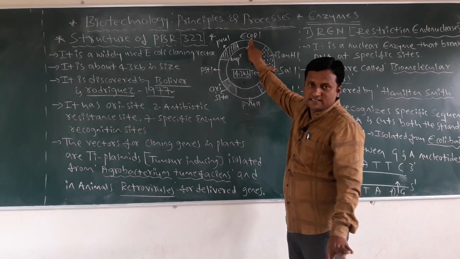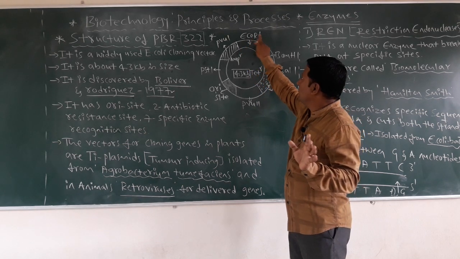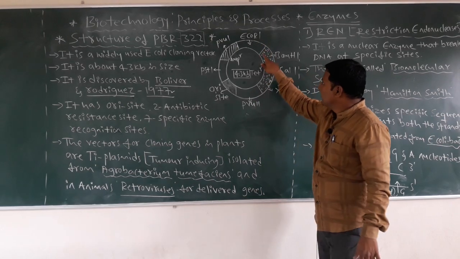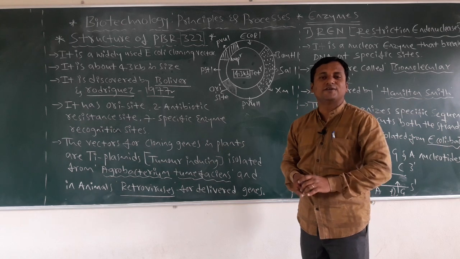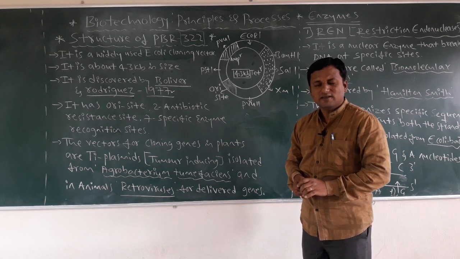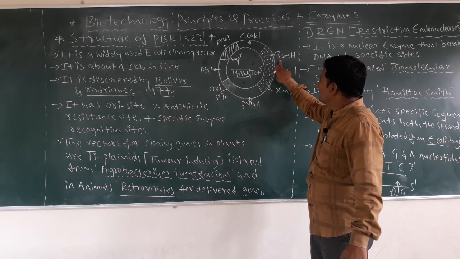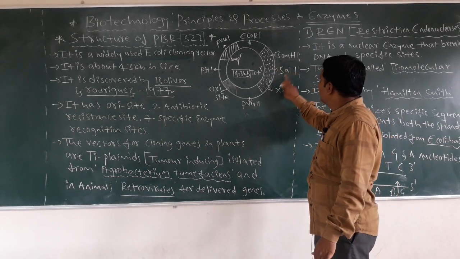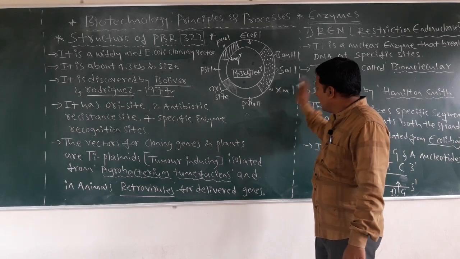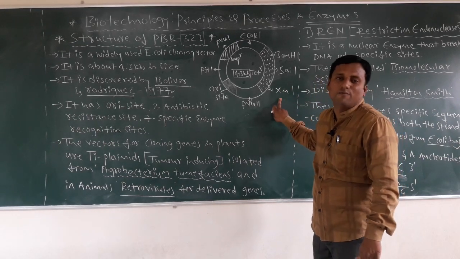This is nothing but an enzyme. Remember this first, EcoRI. Next, in this site there are 3 enzymes that recognize. What are those 3 enzymes? The first enzyme is called BamHI. Next one is SalI, and next one is XmaI.